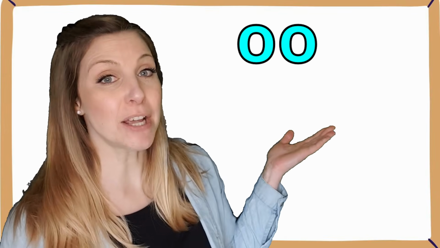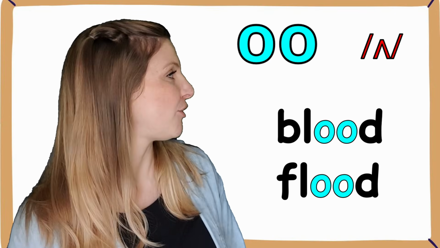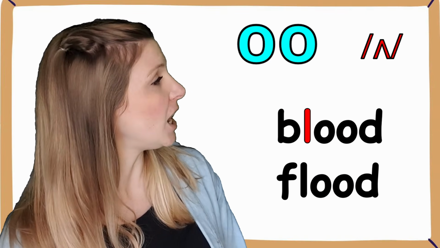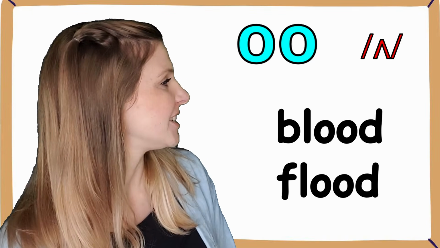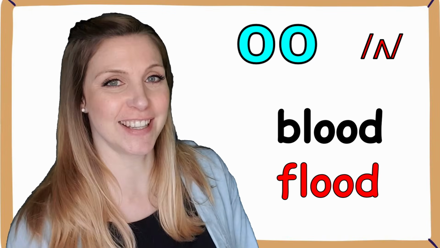And the last exception is where the double O sound makes the u sound like in the word blood and flood. So we would sound that out b-l-u-d, blood, and f-l-u-d, flood.